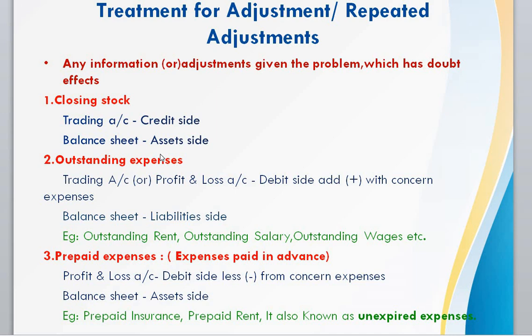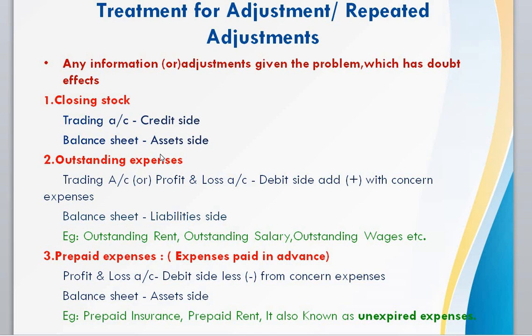If the outstanding expenses are given in the problem, it has double effect. One effect, it will appear in trading account or profit and loss account debit side by way of adding to the concerned expenses. The other treatment is in balance sheet liability side.